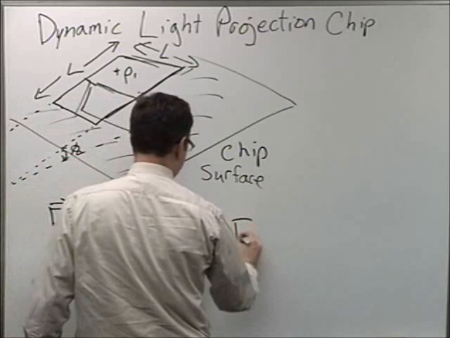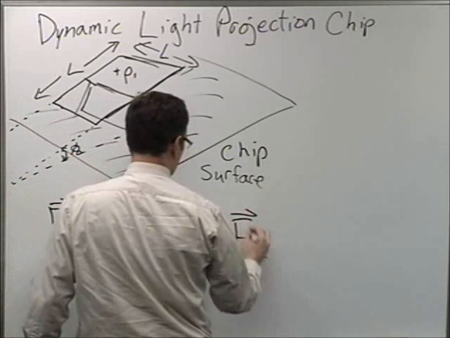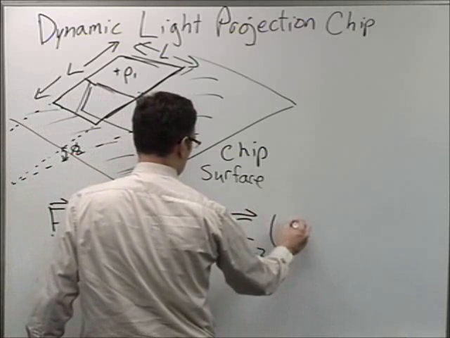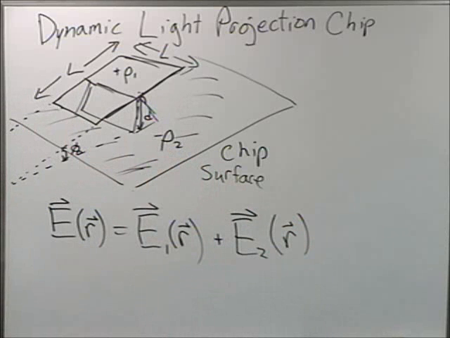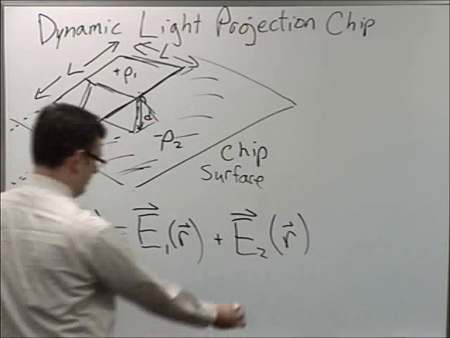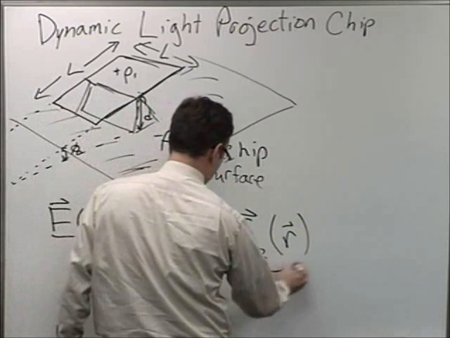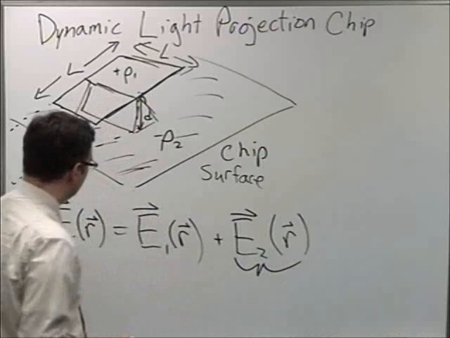And then I've got E sub 2, which is the contribution due to this bottom part, the minus rho sub 2. Fortunately, we've already solved that problem. We solved it 10 minutes ago in a previous lecture segment.